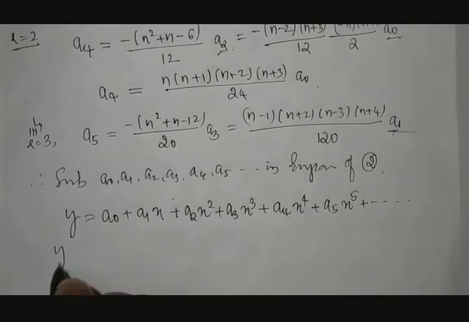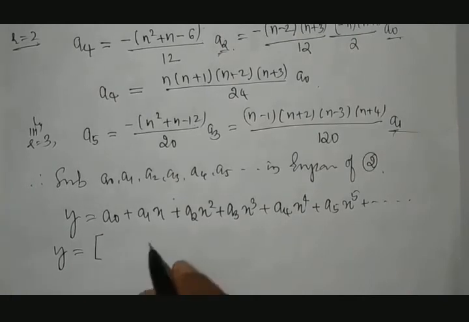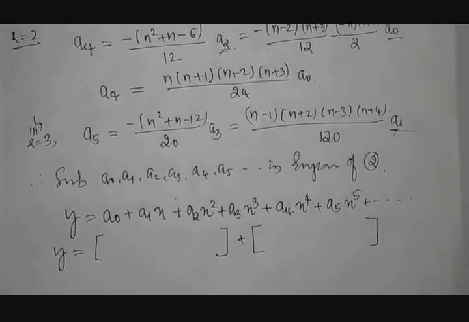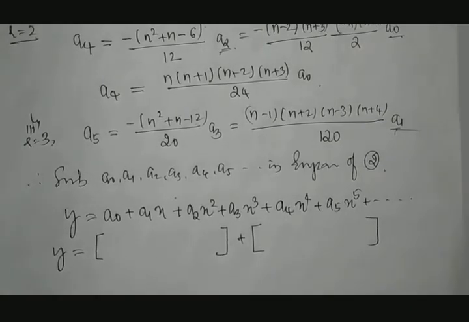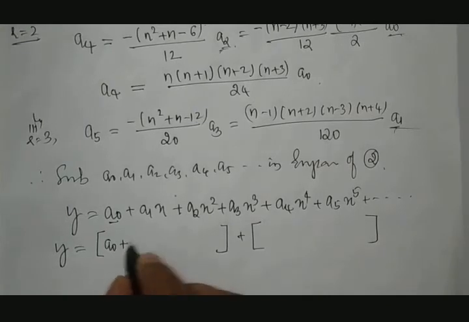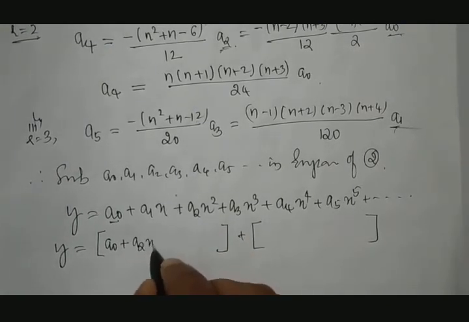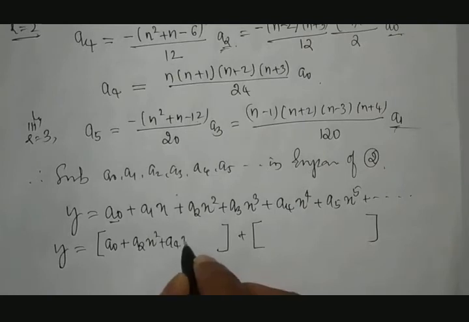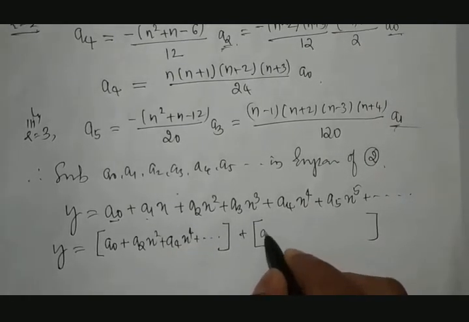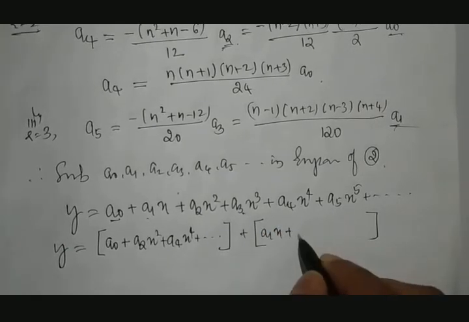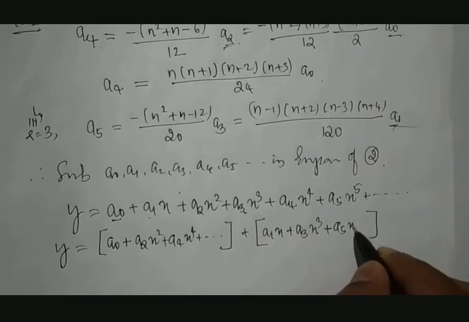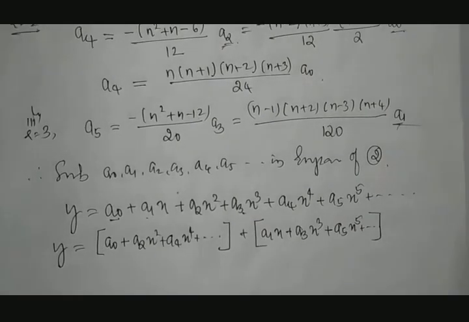Therefore y is equal to, what we do, we'll make a group of A0 and A1, means even and odd. So it becomes A0 plus A2x square plus A4x raised to 4 and so on. Remaining I'll put here. Then it is A1x plus A3x cube plus A5x raised to 5 and so on.